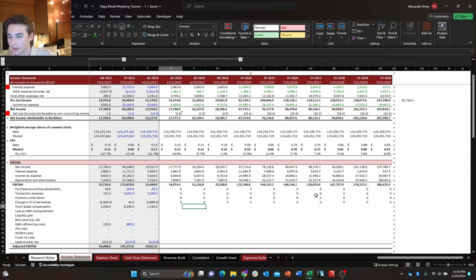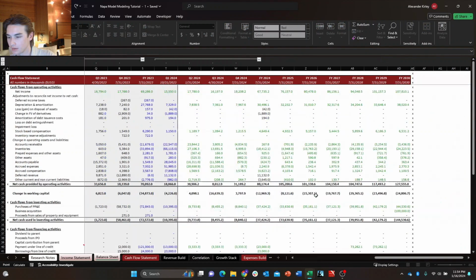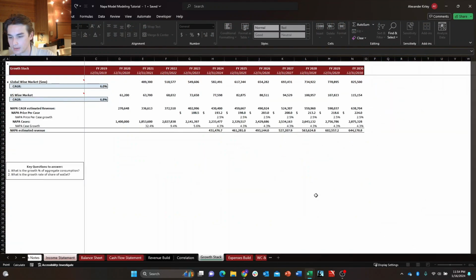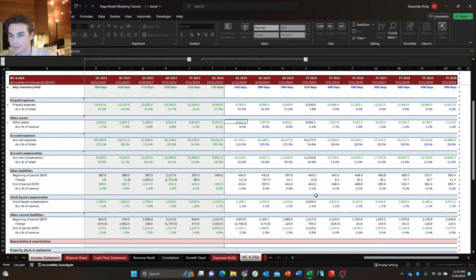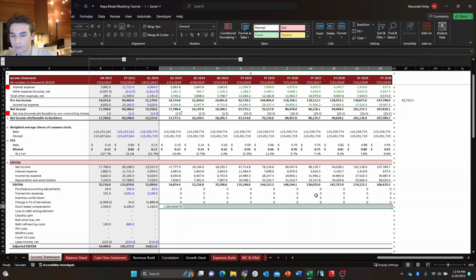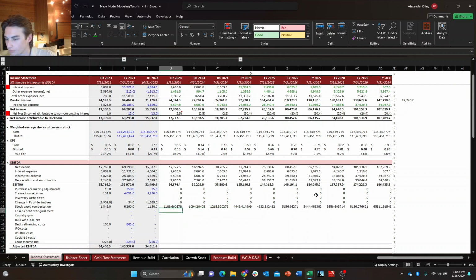However, the big boy is going to be our stock-based compensation. And we can account for this, right? We saw it in our cash flow statements. Let's go back to our working cap. Same idea here.